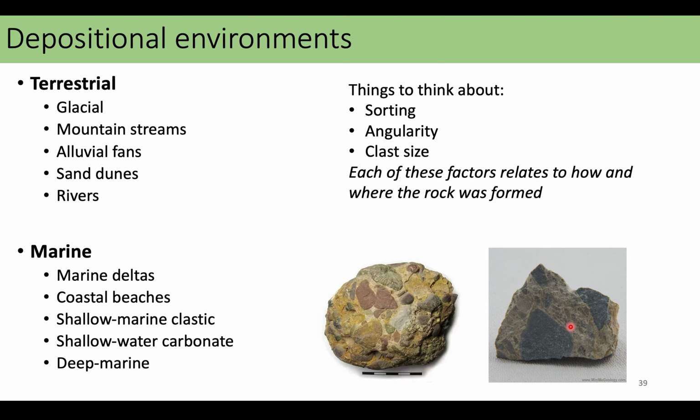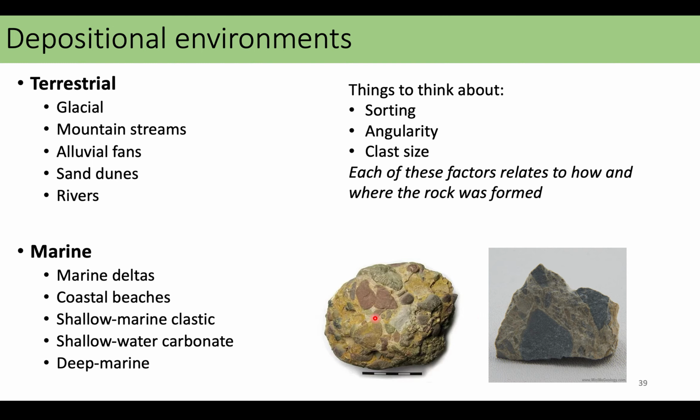So looking at this, we would think that this sediment would have been formed in a terrestrial environment because the grains are not very weathered. They're rather angular. And we would think there was not a lot of transportation before this was deposited. So these sediments did not travel far from their original location before this rock was formed.